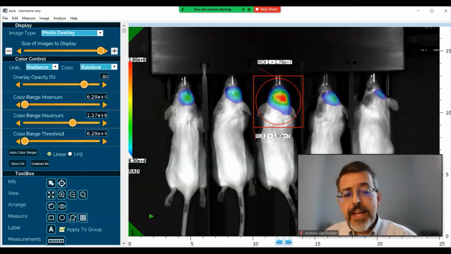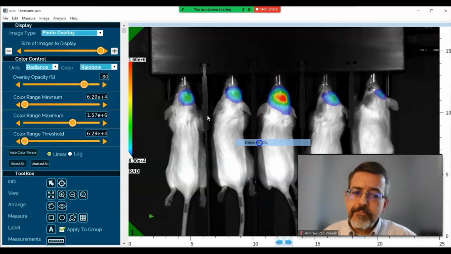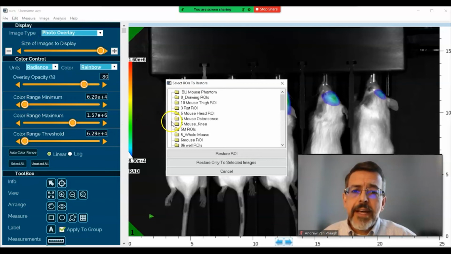Okay, now there is a secondary aspect of doing empirical analyses that makes mean radians less than ideal. Okay, and I'm going to demonstrate this as follows. We'll get rid of these two initial ROIs, and I've already previously created a set of head ROIs for all 5 mice.